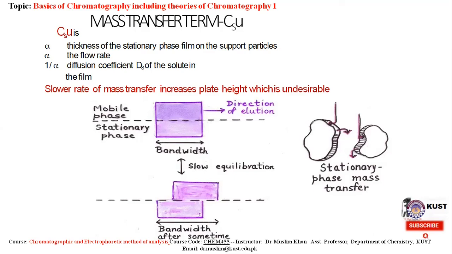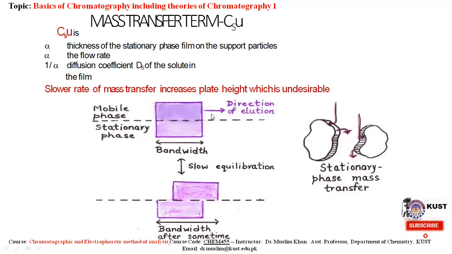Then the desorption transfer of mass back to the mobile phase takes place. So this alpha is the thickness of the stationary film on the support particle. This is alpha, the flow rate, and 1 by alpha the diffusion coefficient of the solute in the film. A slower rate of mass transfer increases plate height, which is undesirable.